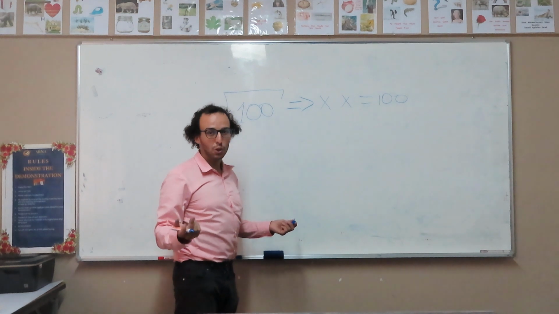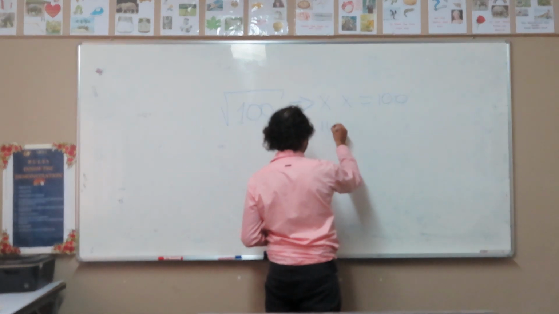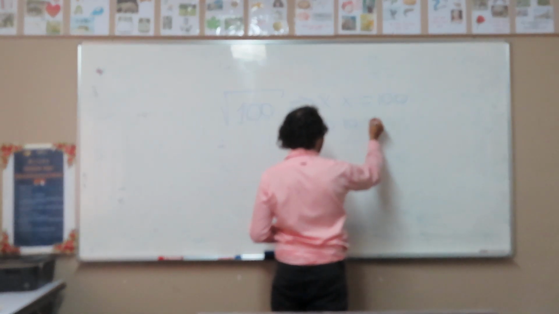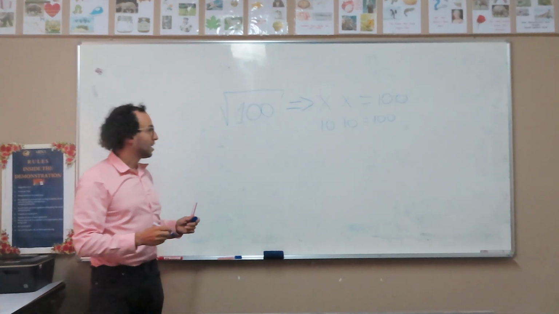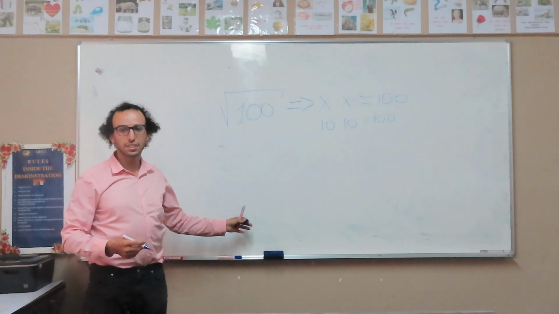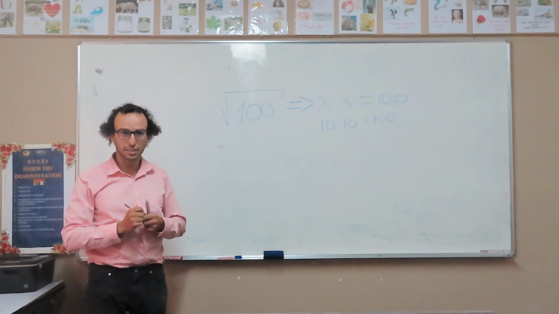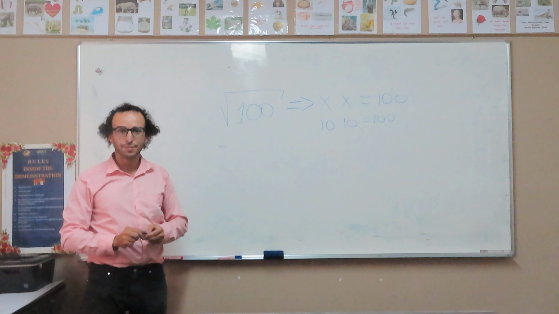We know that 10 multiplied by 10 is 100. And that is how the root works. And then I would give them some exercises about the x. Okay. Any questions? No.